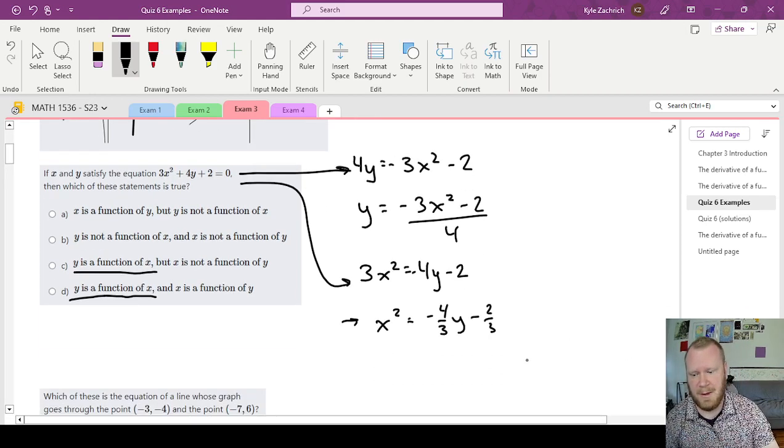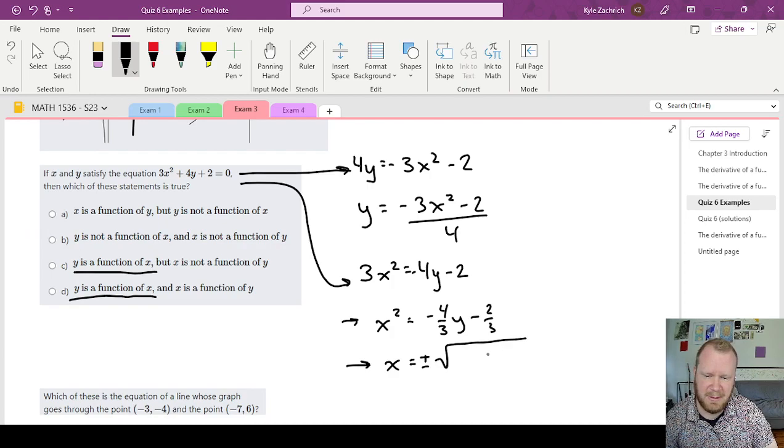And if I take that even one step further, this is the situation where we need to add that plus or minus to this side of the equation. So it turns out that x is not a function of y, because when we look at x as an output, we get two outputs. We get a plus and minus output.